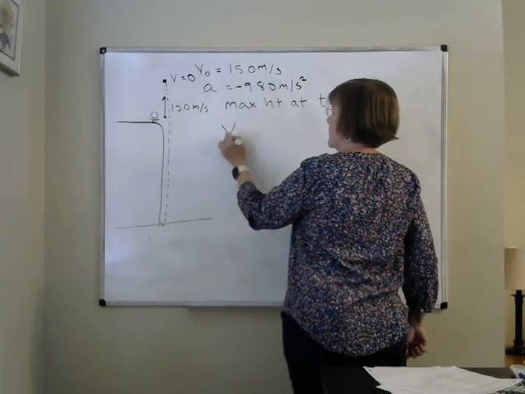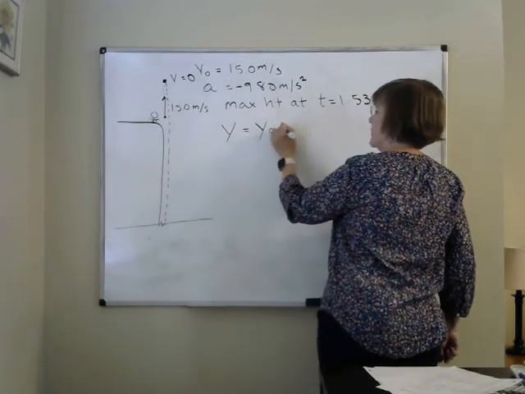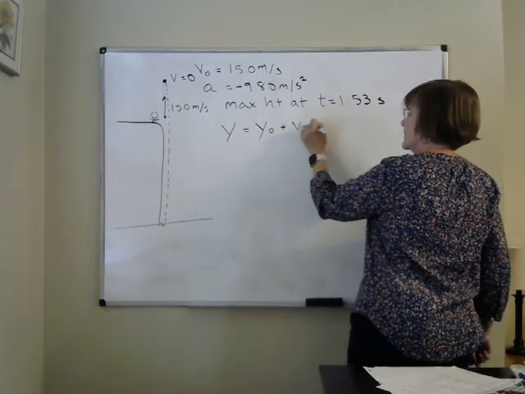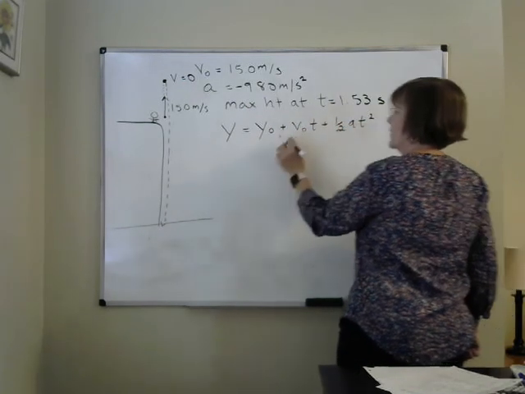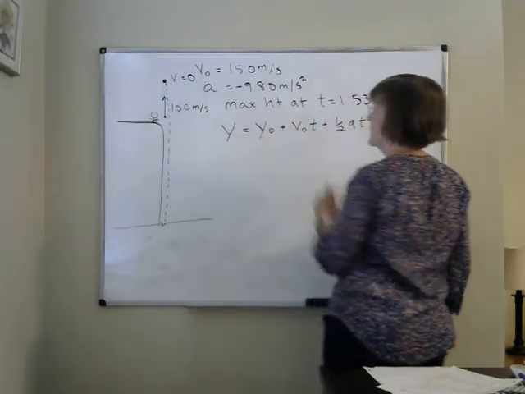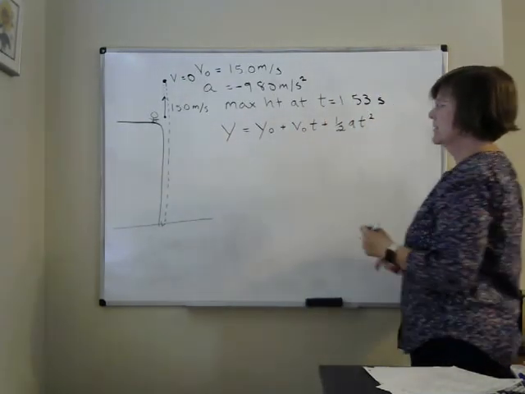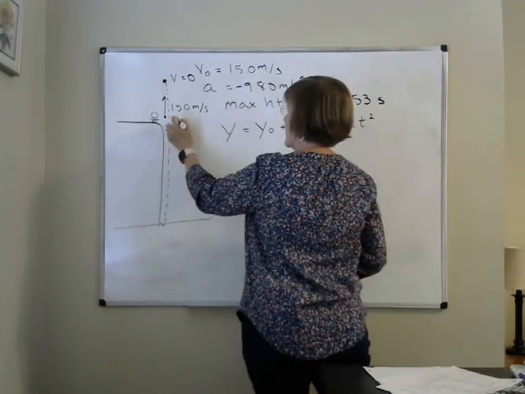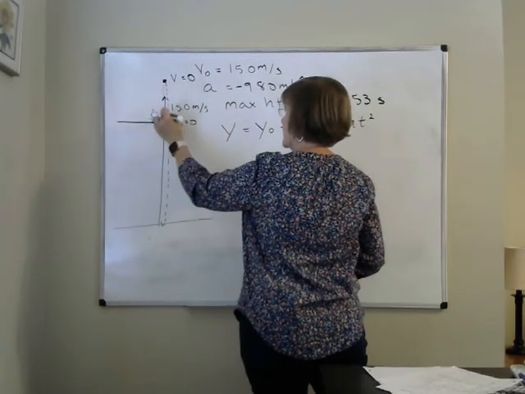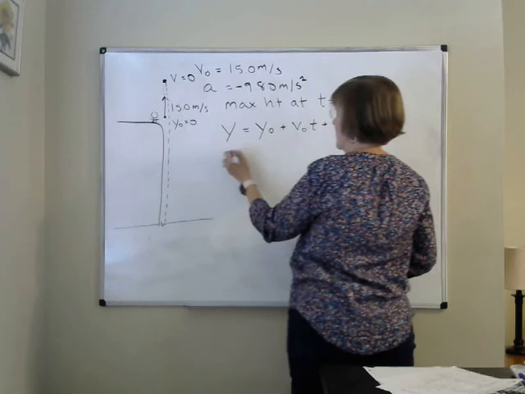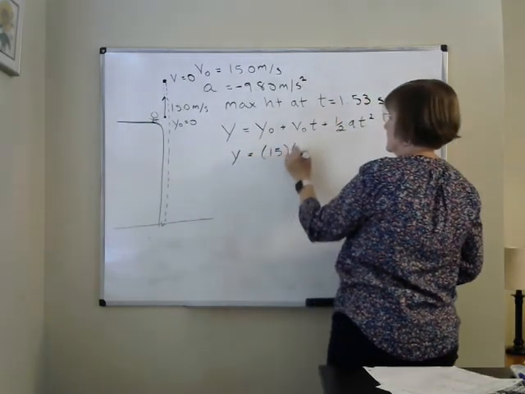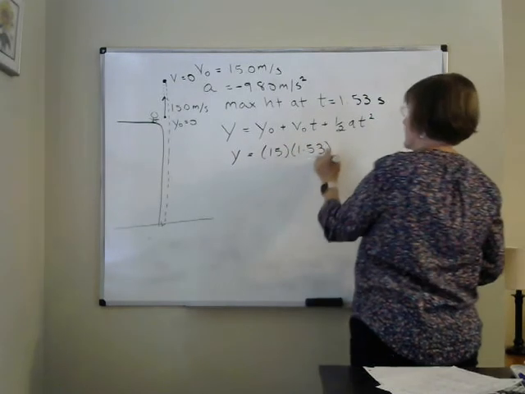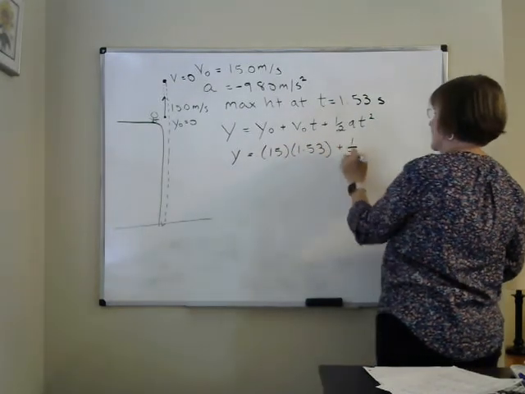If we use our vertical position formula, we're going to call this 0 for now. If I let y0 equal 0, we're just going to see how far above it is, from here to here. Watch the sign.